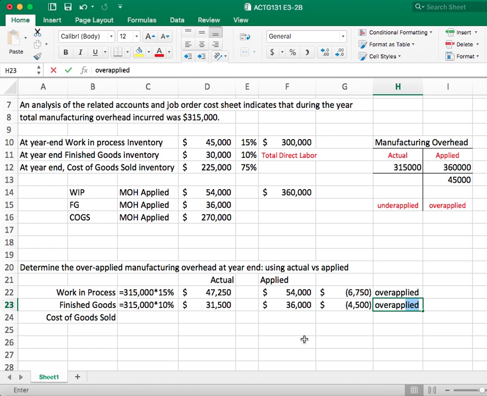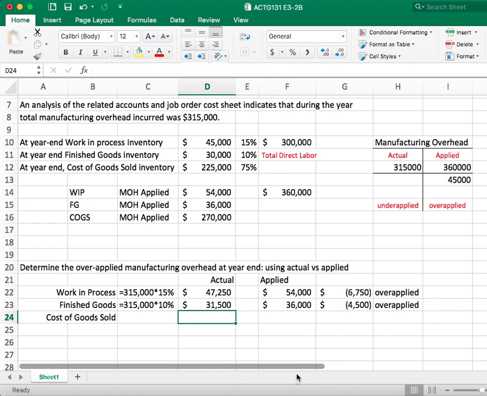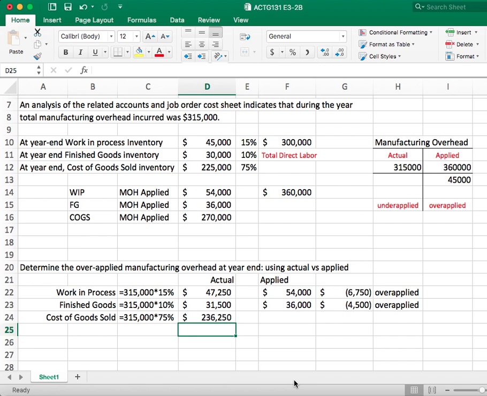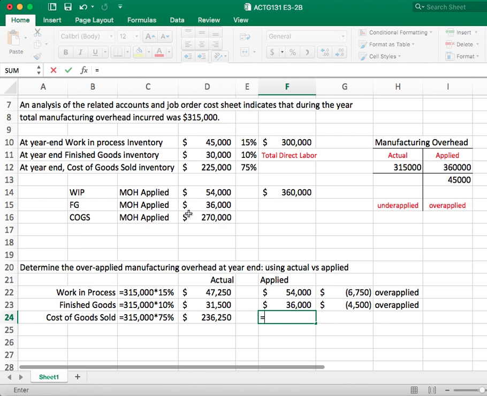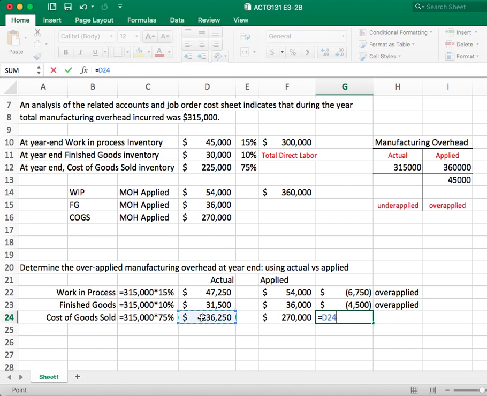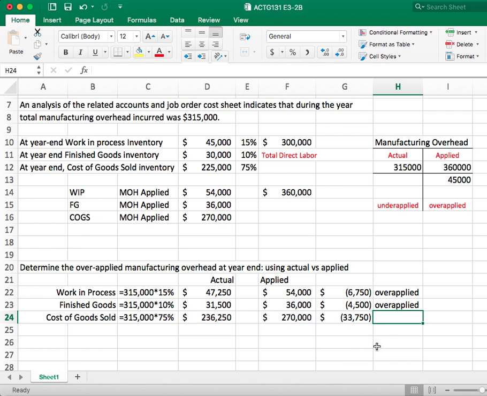Again, this is over applied manufacturing overhead. Cost of goods sold would be the 315 multiplied by the 75%. Let's put that in the cell. Actual cost of goods sold manufacturing overhead was $236,250, and the amount applied, or estimated, was the $270,000. Again, subtracting one from the other, we have the amount over applied.